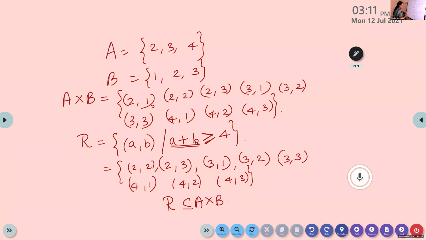If you look at (2,1), its sum is 3, so we are not writing that. But if you take (2,2), it is equal to 4, so we write (2,2). If you take the next pair (2,3), the sum is 5, so it is in that relation. Is it okay, Niranjan?